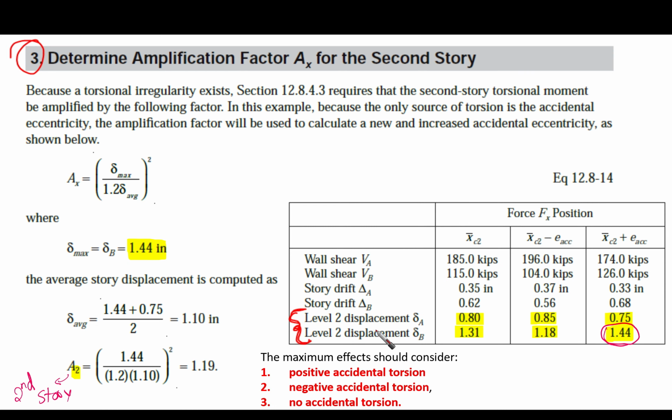Now, because the torsional irregularity exists, this section, which we already explained before, requires that the second story torsional moment be amplified by the following factor, which I have explained. We assume that in this example, the only source of torsion is the accidental torsion. There is no inherent torsion. So the amplification factor will be used to calculate a new and increased accidental eccentricity as shown below.